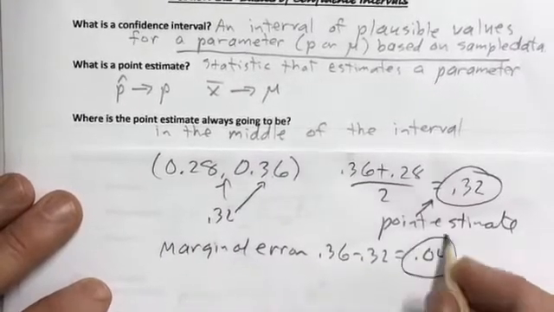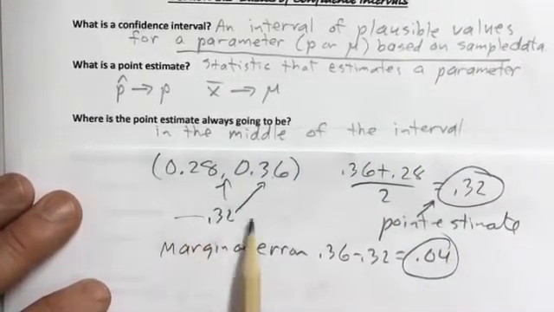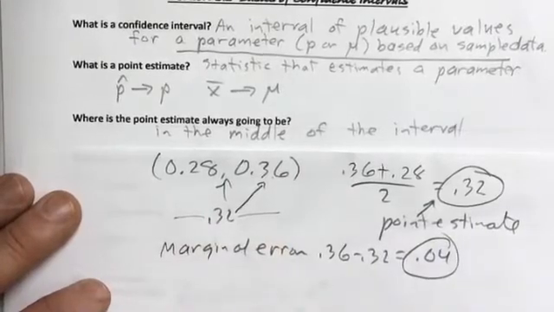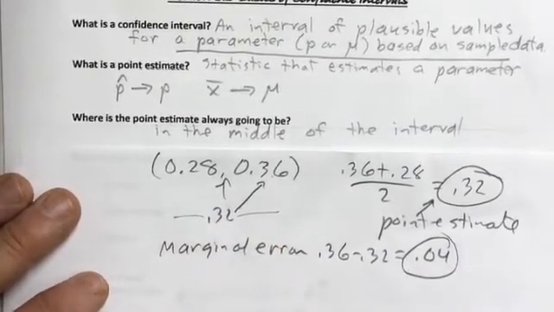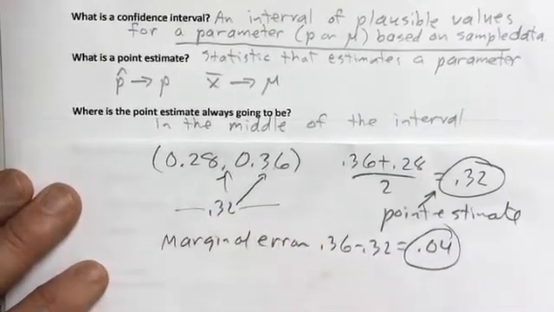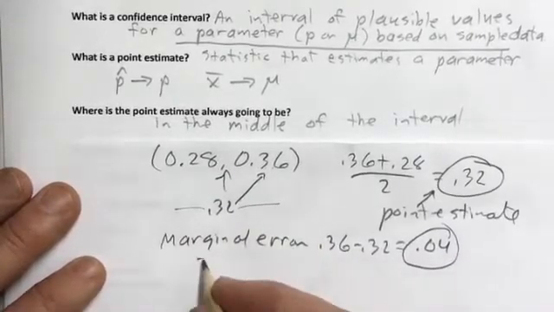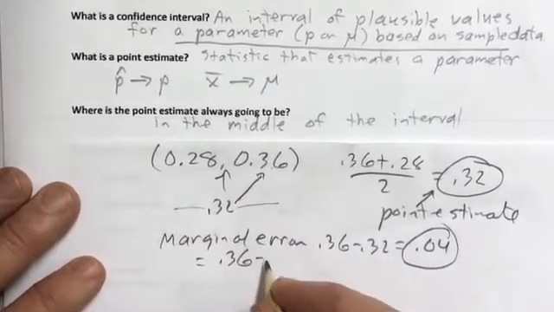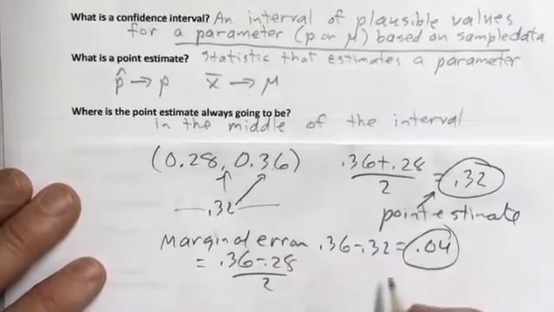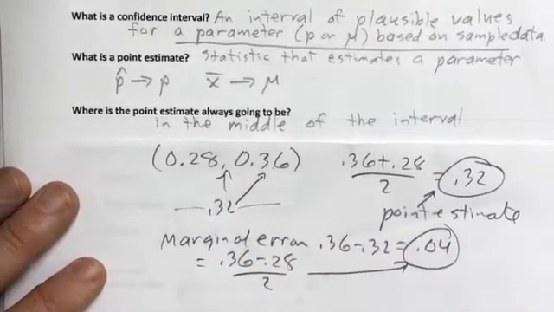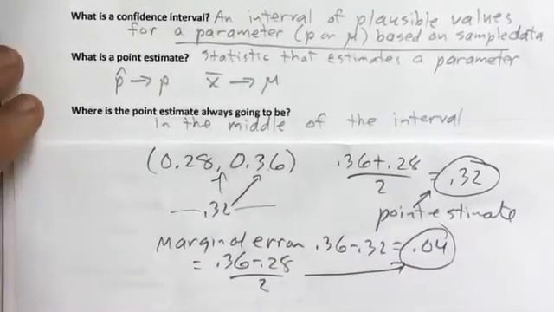You'll notice it goes 0.04 to the left and to the right. So that's how you find the margin of error. Or the other way of finding it is to subtract the endpoints and divide by 2: 0.36 minus 0.28 divided by 2, and that is equal to the same thing. So anyway, that's that.